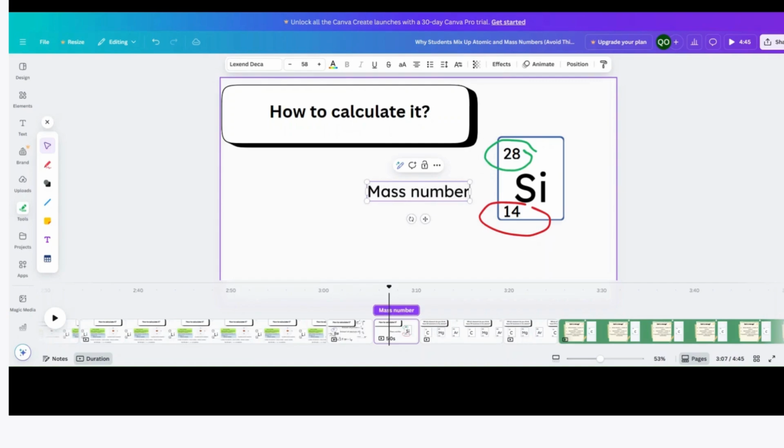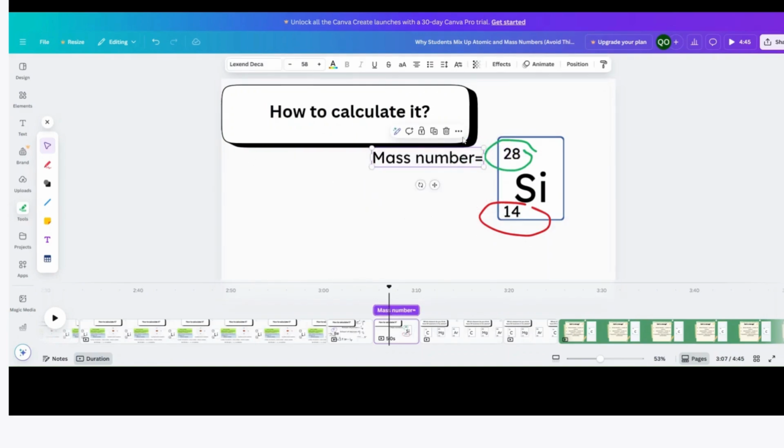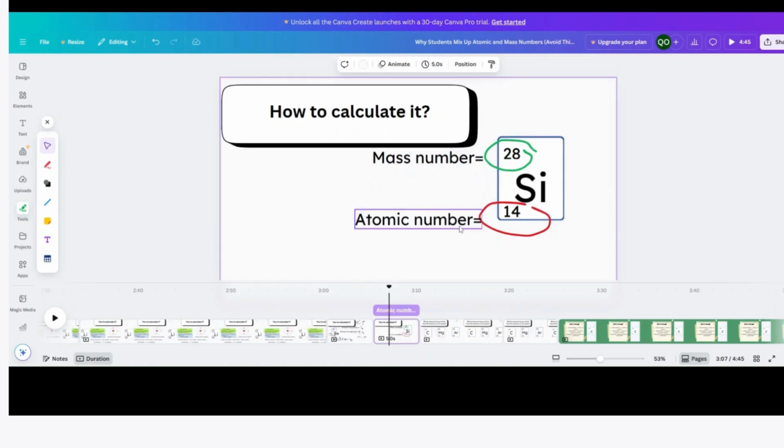Let's write it like this. Mass number is equal to 28. We can duplicate, the atomic number is equal to 14.